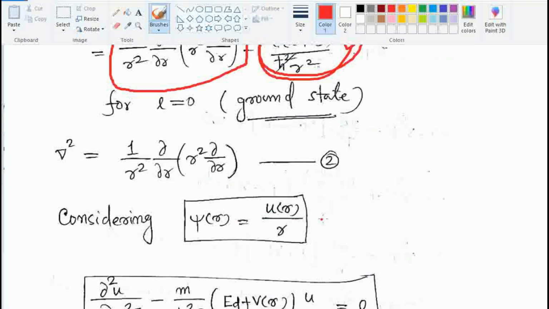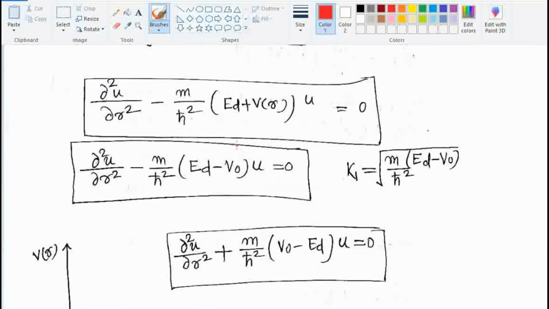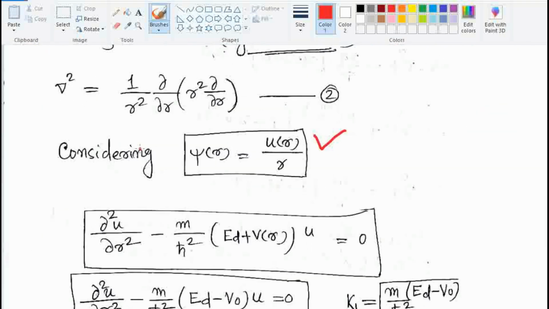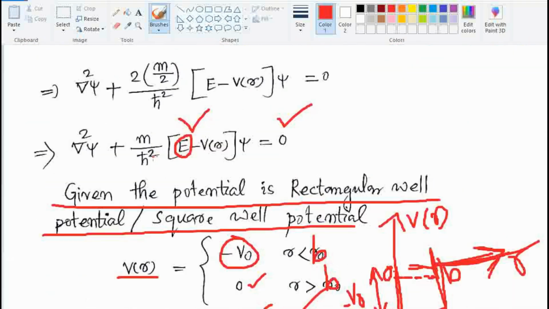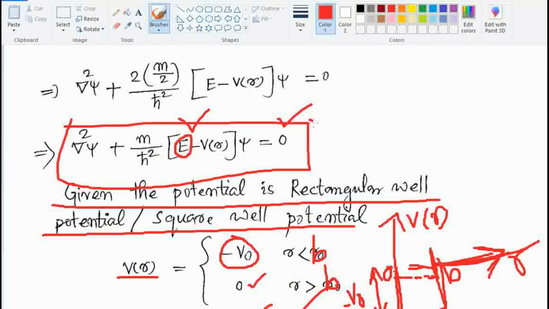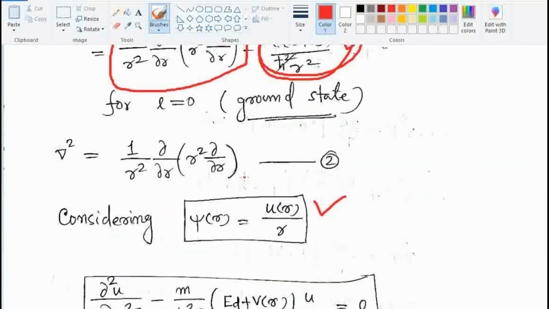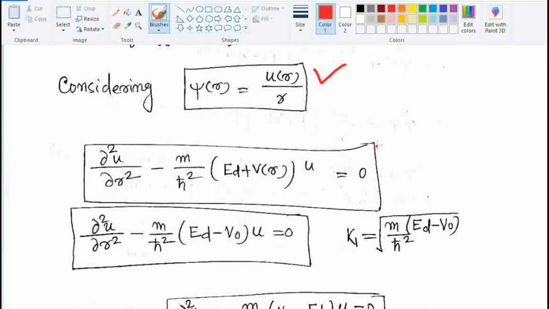Okay, so put this wave function in this expression. Then you calculate in this equation, and you will get this type of expression.